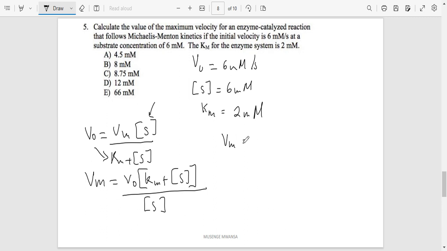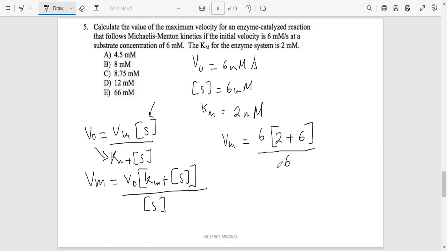Therefore, Vm is going to be V0, that is 6. We should take note of the units. The units should correlate. So this is 6 millimolar per second. And then Km is 2 plus the concentration of substrate, that is 6, divided by the concentration of the substrate, again, that is 6.